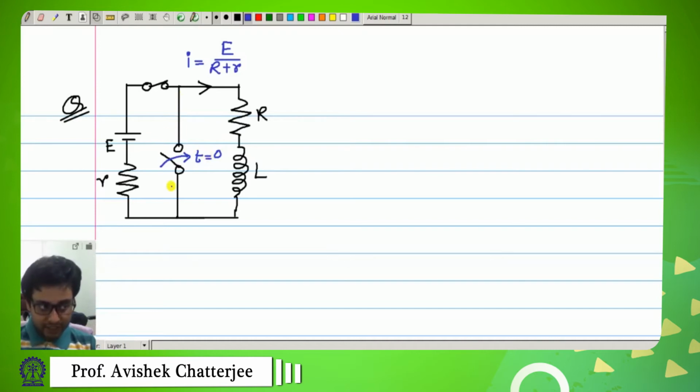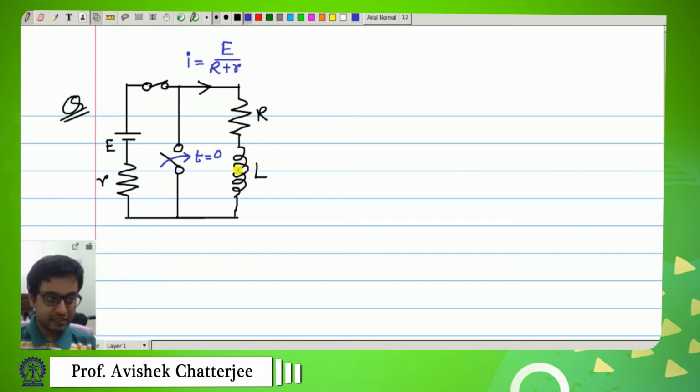Now there is a path for this battery to drive current, and the battery will like to drive current through this short circuit or least resistance path instead of through this R and L. However, there was this current E by (R plus small r) previously through this inductor. So now will this current stop immediately, or what will happen?